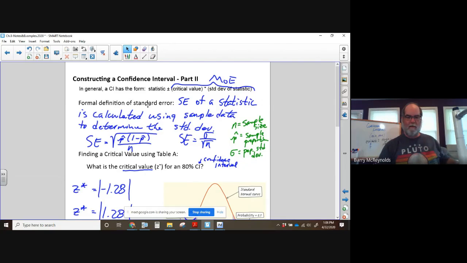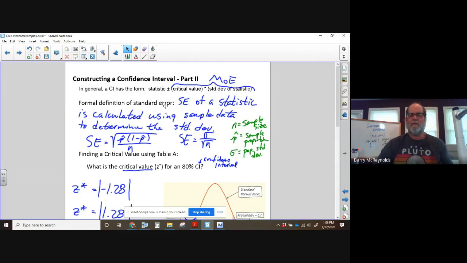I'm not going to go into a great deal of explanation, but if you want to read through a couple of pages, 486 and 487 of your textbook, it gives you a good understanding of what this standard error is all about.